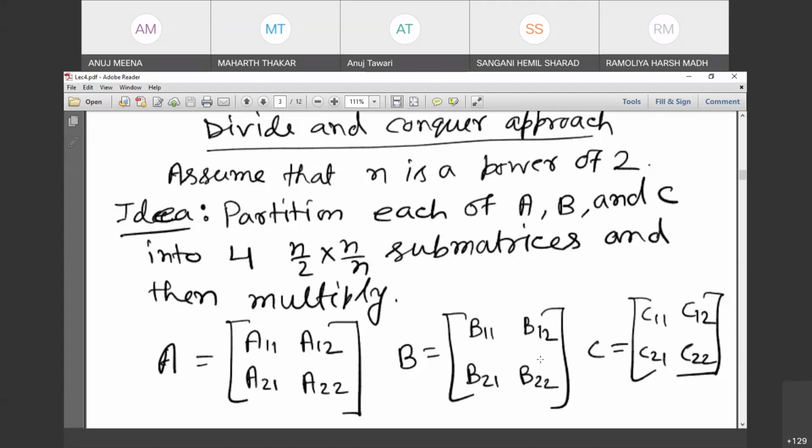So initially we were multiplying n cross n matrices, and now we want to reduce it to multiplying 2 cross 2 matrices of small size blocks. Each of them is of size n by 2 cross n by 2. So this is our divide and conquer strategy: we divide into 4 submatrices.